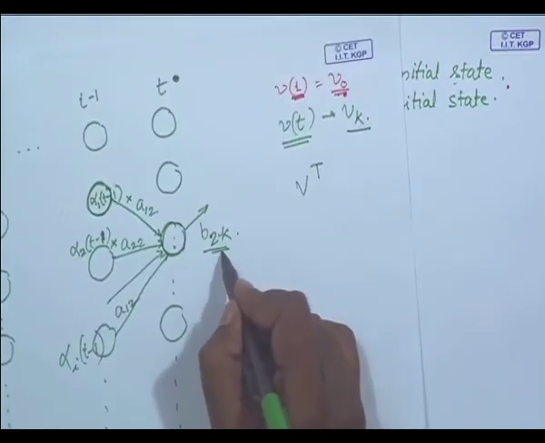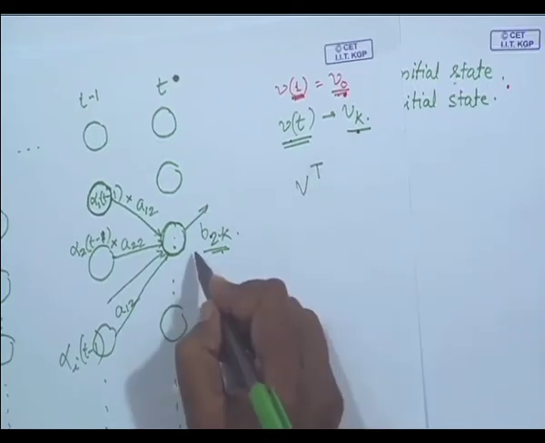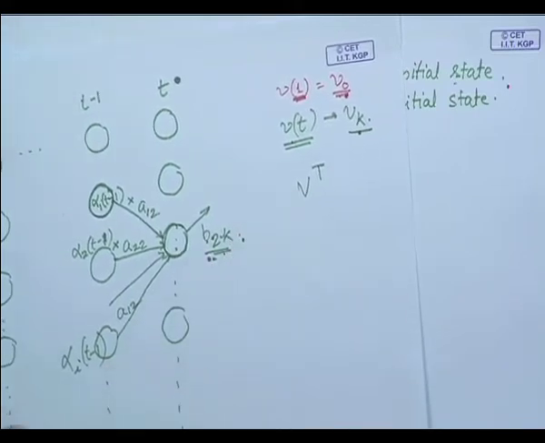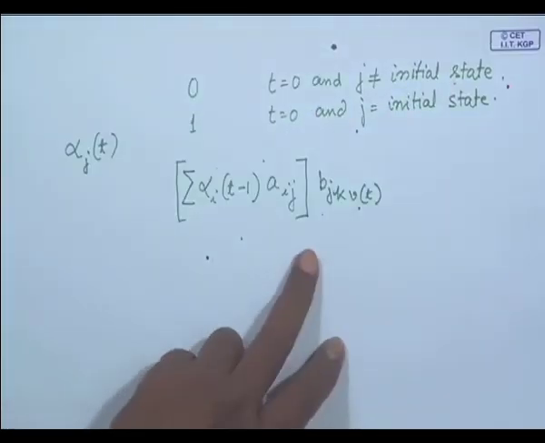Here what we have said is, if v t is equal to v k, then I take the emission probability b j k, that is, from the jth state at time t, whatever symbol is emitted. I choose only that corresponding probability to decide the probability that the machine can be in state omega j at time step t, because I know what the tth visible symbol in my sequence of visible symbols is.